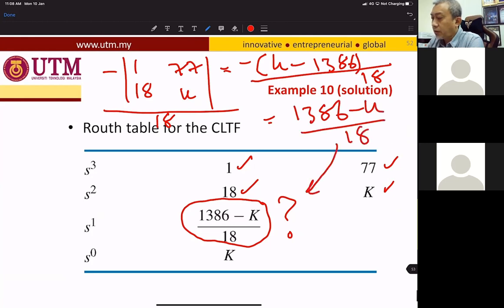So that's why we get this one. And this is 0. Then this one becomes K.